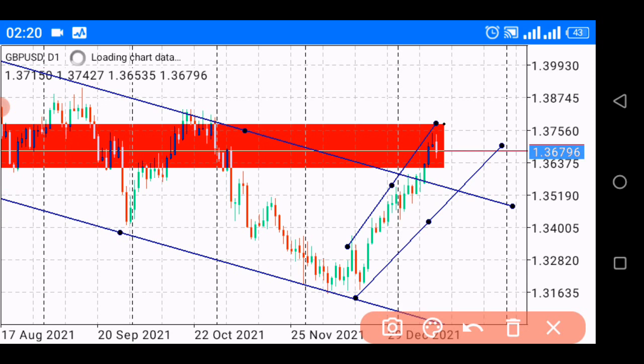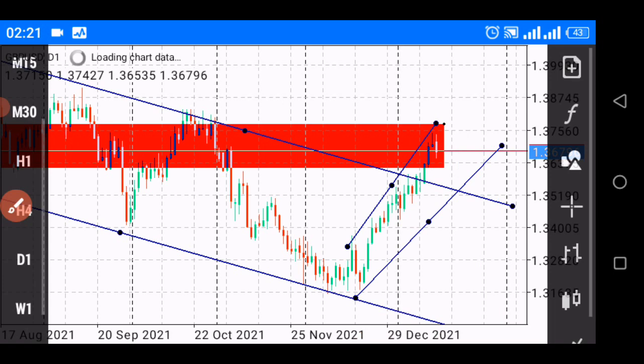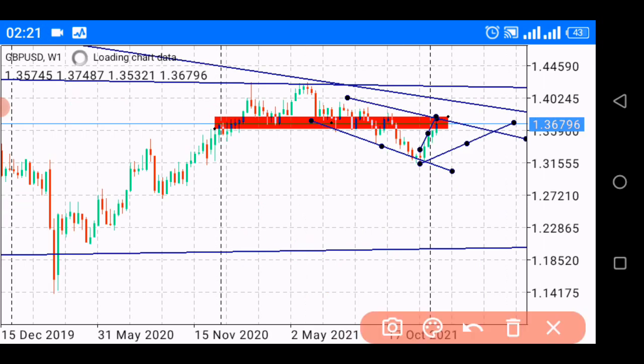The market is either coming like this, forming this and breaking out with a momentum candle, or the market is going to come like this and form a W formation, and start coming down. If the market forms the W formation and starts coming down, this movement will confirm that the market will come down and reach here.